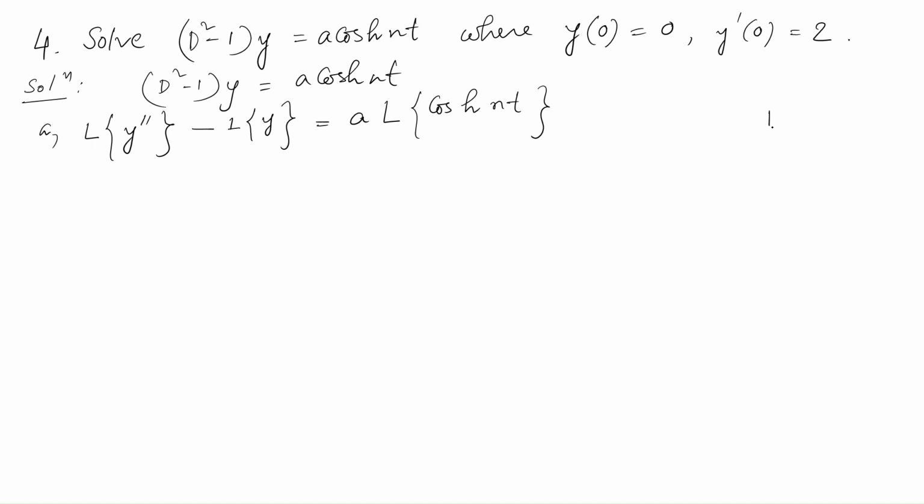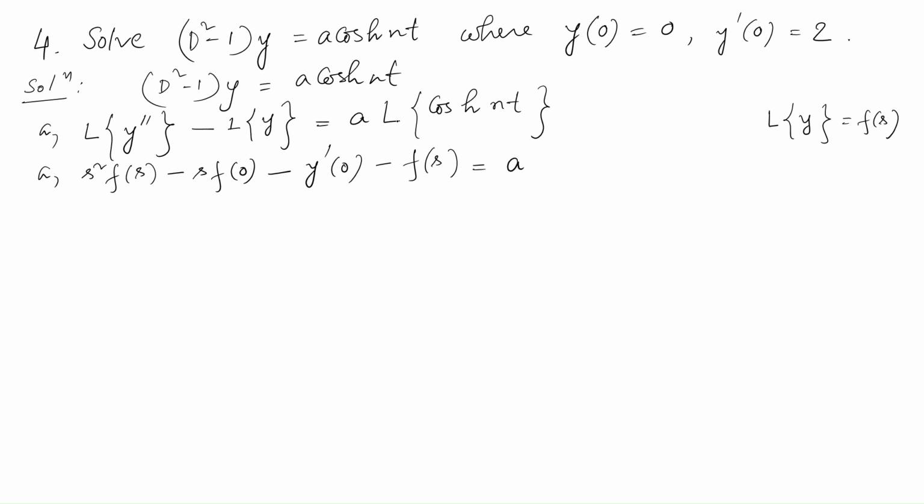If we take Laplace transform of y as F(s), then by the theorem, the Laplace transform of a second order derivative is s square F(s) minus s y(0) minus y prime(0), and here Laplace transform of y is F(s).